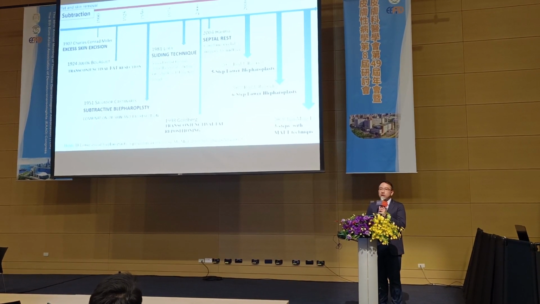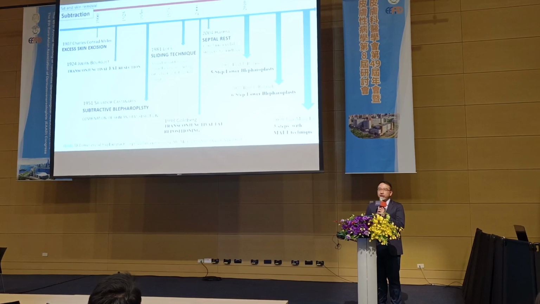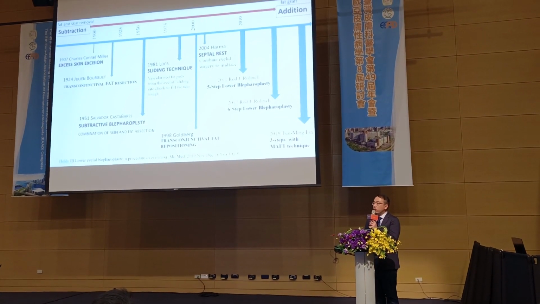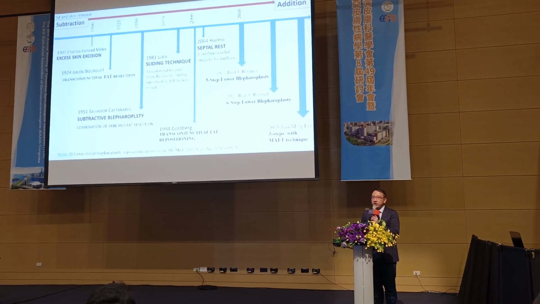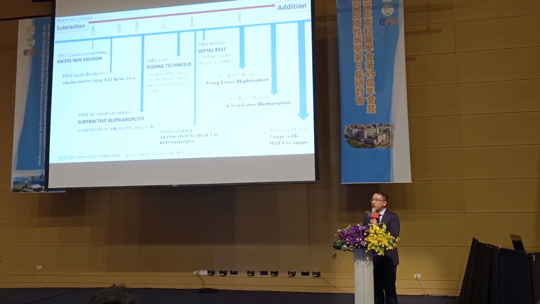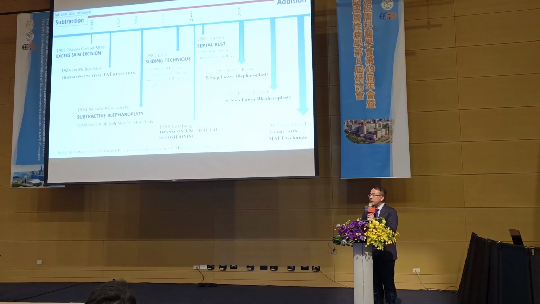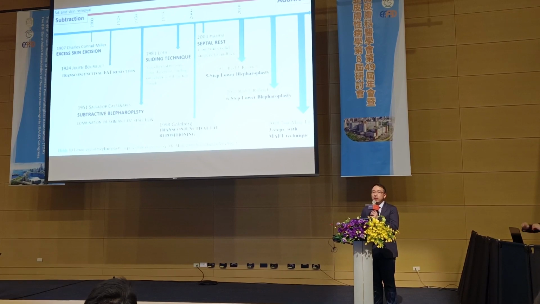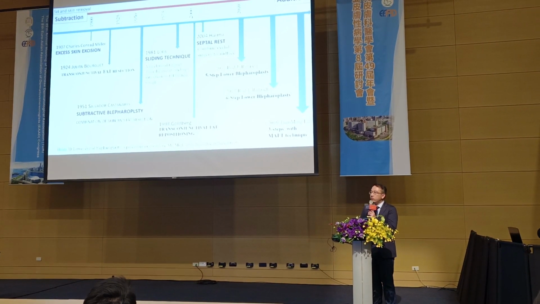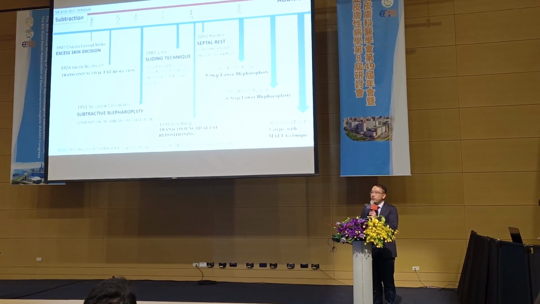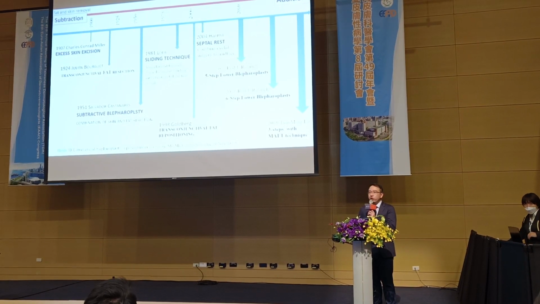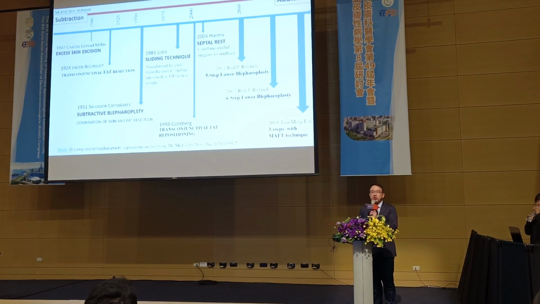The history of lower ID surgery begins about 100 years before. I think it's a process from subtraction. In the beginning, people just remove the skin and IPAC. Then gradually, people think that too much IPAC removal will cause a sclerosed periorbital depression, which makes the patient look aging and look tired.